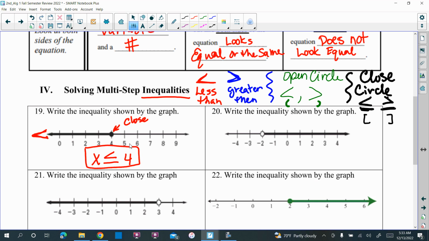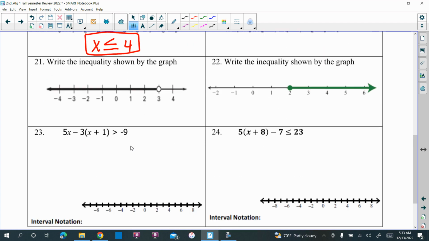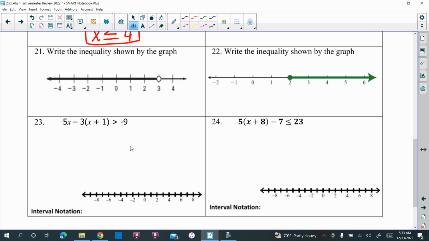So that's what you're doing on the first four, 19 to 22. Then you're actually solving, graphing, and giving interval notation. On a problem like number 23, you're going to distribute the negative 3 first. So you get 5x minus 3x minus 3 is greater than negative 9.